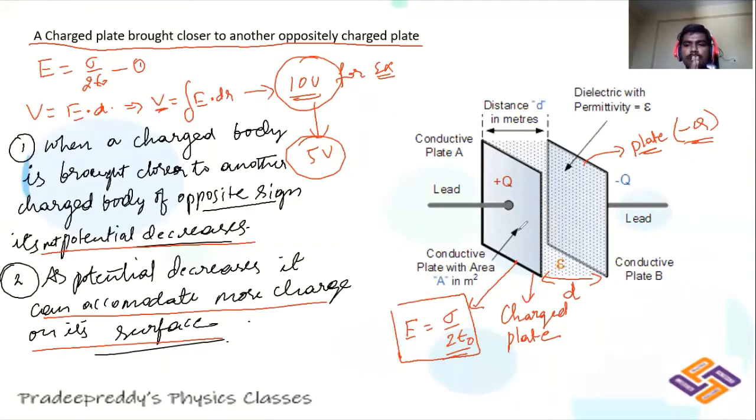So that is the reason why we always take 2 surfaces, in order to accommodate more charge on that system. Therefore, a capacitor definitely has two plates, two surfaces, in order to increase its capacity, right? This is a very important conclusion which you have learned.